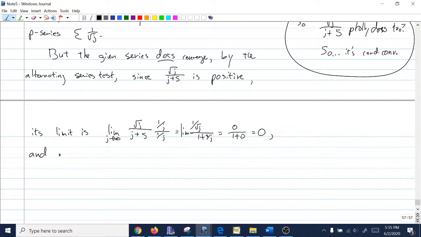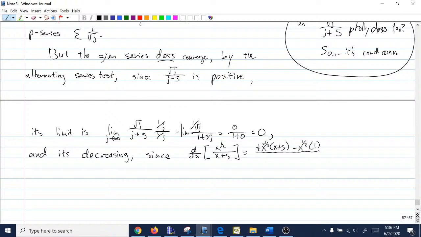And it's decreasing. I haven't actually verified that it's decreasing. I'm trusting that when I take its derivative, that'll be negative. Since the derivative with respect to x of x to the 1/2 over x plus 5 is derivative of the top, leave the bottom alone, minus leave the top alone, derivative of the bottom.